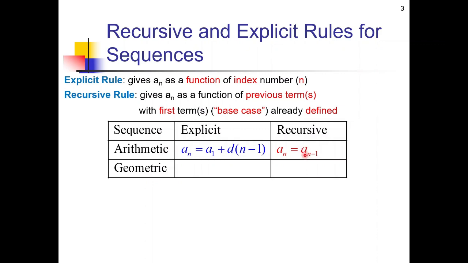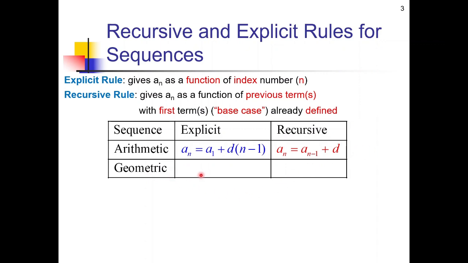That's a sub n minus 1. This is the term right before the one you're looking for. And with an arithmetic rule, you just keep adding the same thing over and over, this common difference. So the recursive rule is just a sub n minus 1 plus d. So it's a little bit more simple and elegant and just gets you the next term in the sequence. And we didn't write it here, but again, you need a base case defined somewhere. So we would say a sub 1 equals some number that we're starting with.